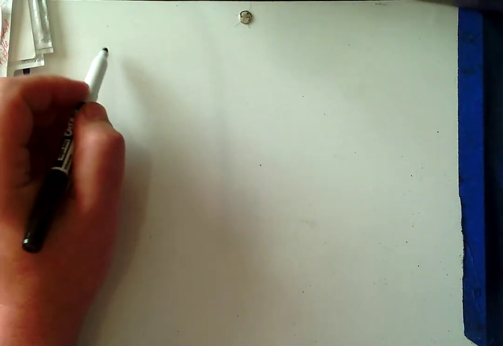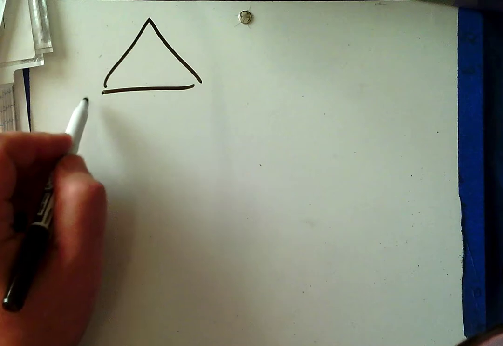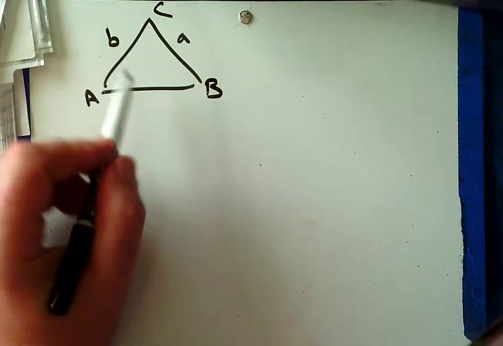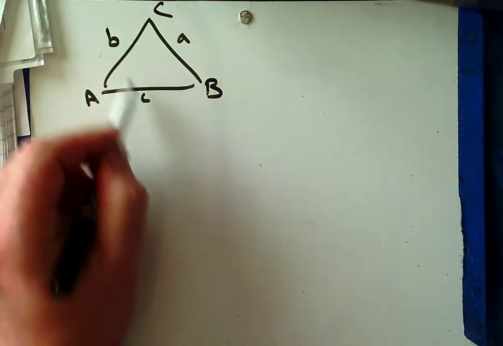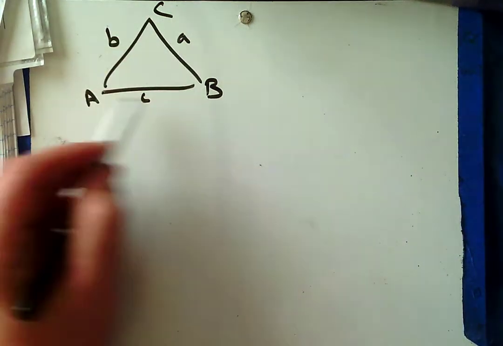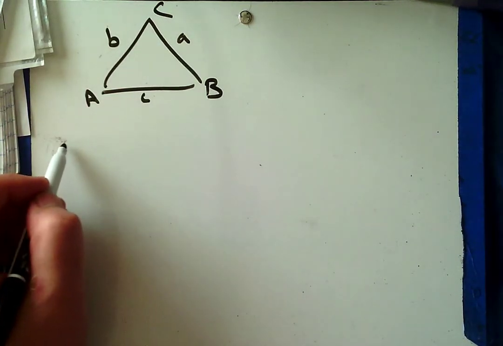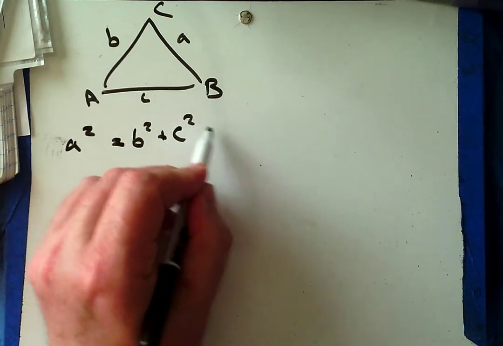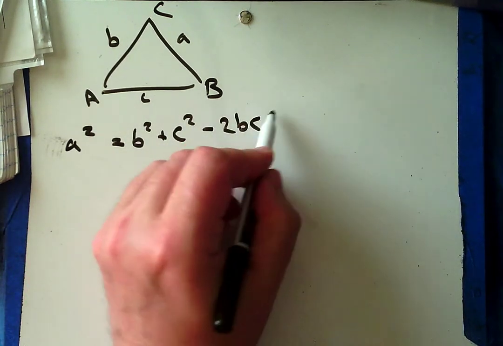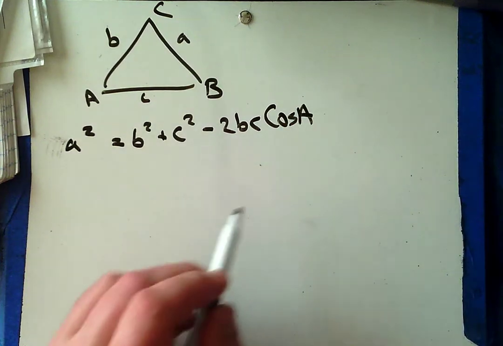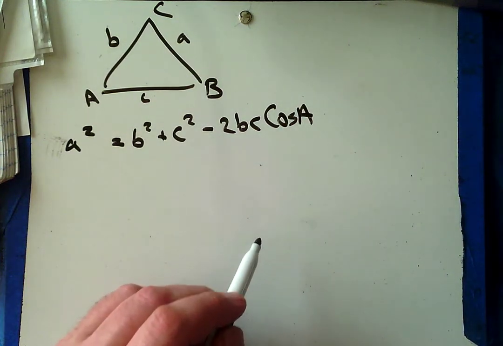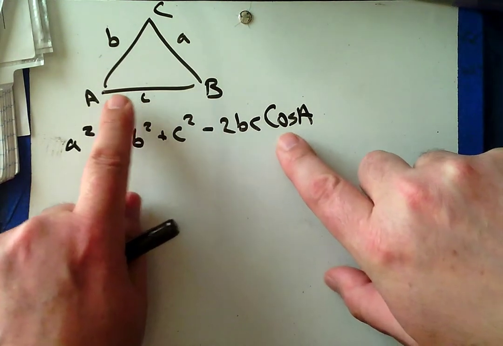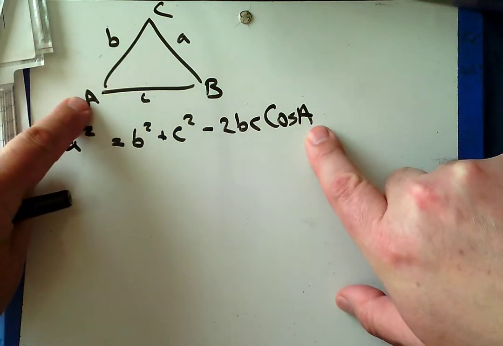Instead, I'm going to say, remember we have this situation, big A, big B, little b, big C, little c. Given these little letters are sides and the big letters are angles, law of cosines could be a squared equals b squared plus c squared minus 2bc cosine a. This is that side angle side case, and I see it right here. C, B, and the angle in between.